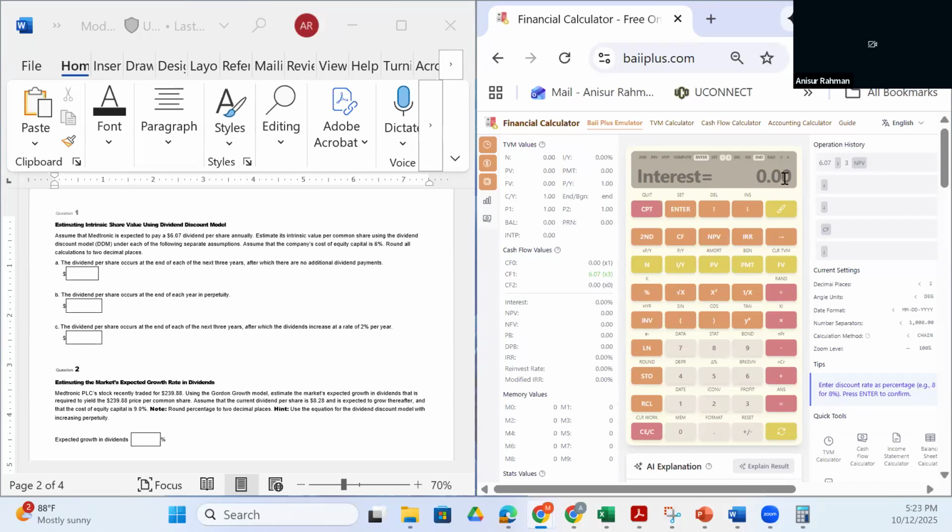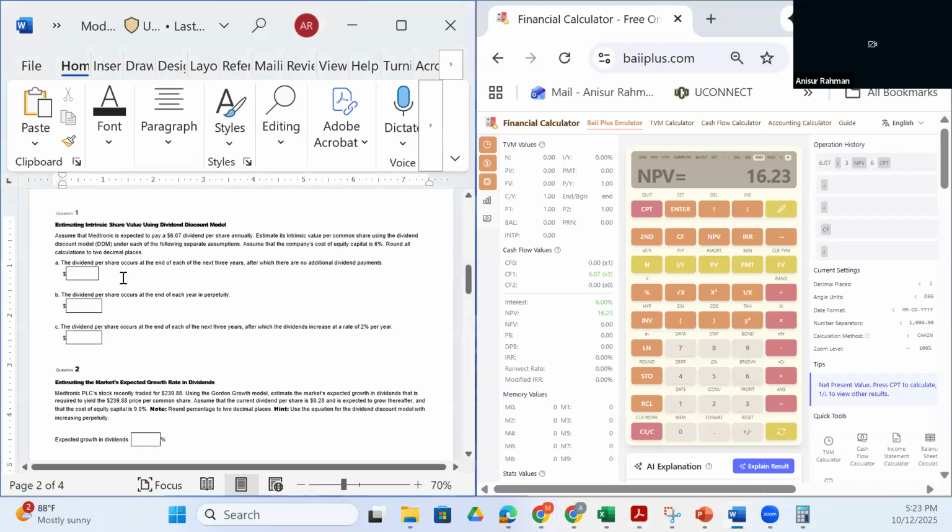It is asking for the interest rate because we want to calculate the present value of dividends which go to the equity holders. We need to use cost of equity, which is in this case 6%. So enter 6 and then press enter, and it will be saved. Now press down arrow and compute. You will get $16.23. So that is our price for part A.